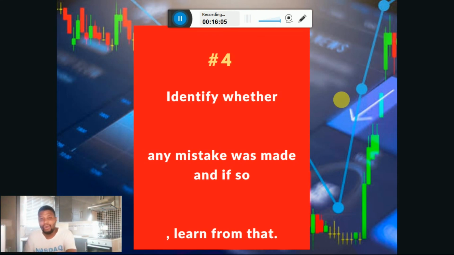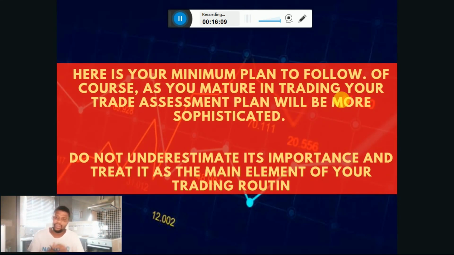So guys, I hope these steps will be educational to you, and these are just minimum requirements for a person building up a trading plan, but they are very, very powerful, and as you mature in your trading, your trading plan will become more sophisticated than this one.